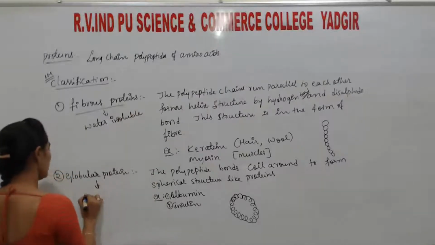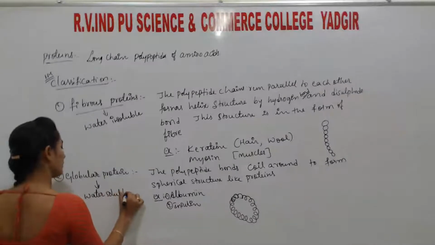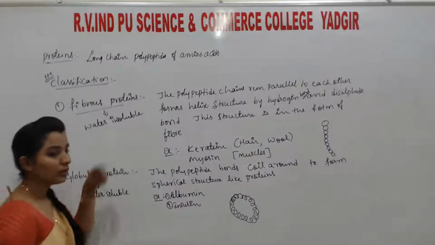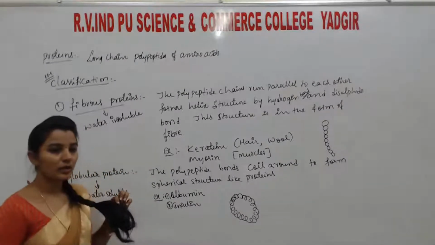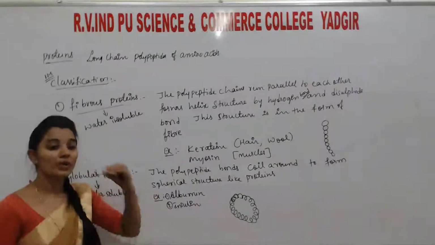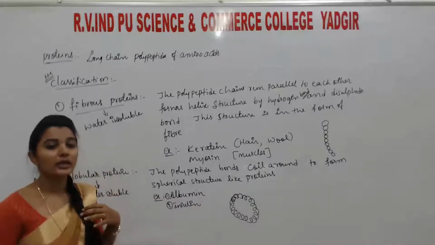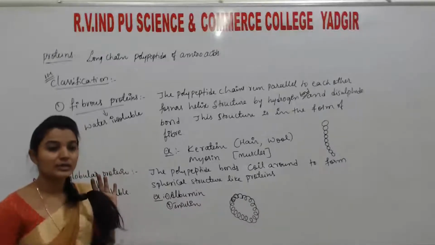Okay, and globular proteins are water soluble. If you keep a fibrous protein inside water for so many days, so many years, no matter how many decades, it cannot be dissolved in water because it is insoluble.